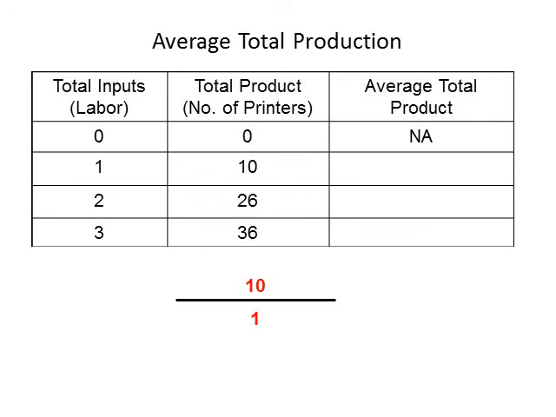Next, divide the total product by the total input. In this case, we're dividing 10 by 1. 10 divided by 1 is 10. And the answer, 10, is placed into the second row of numbers in the third column.